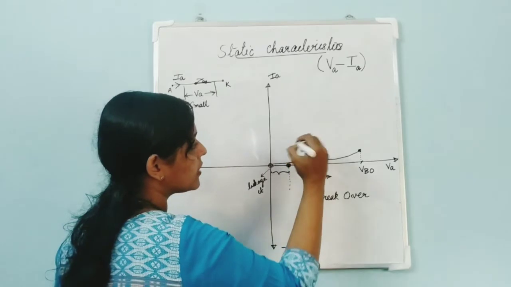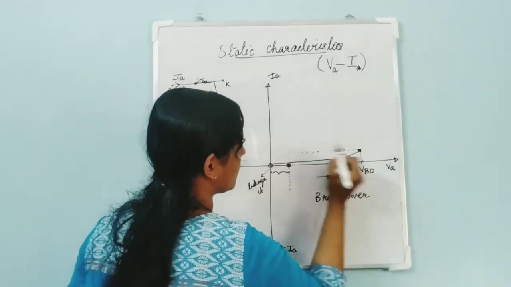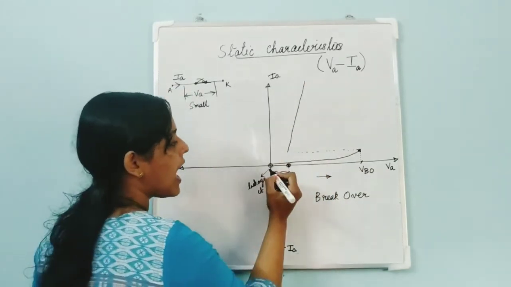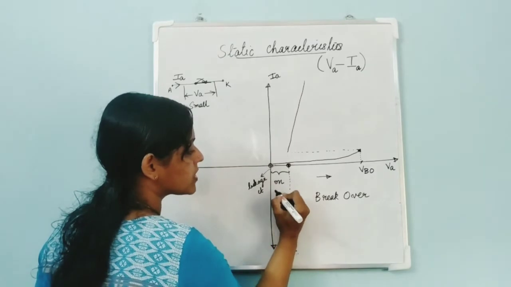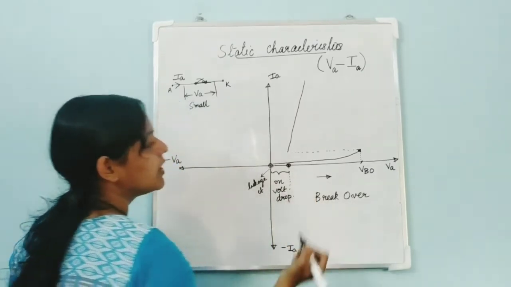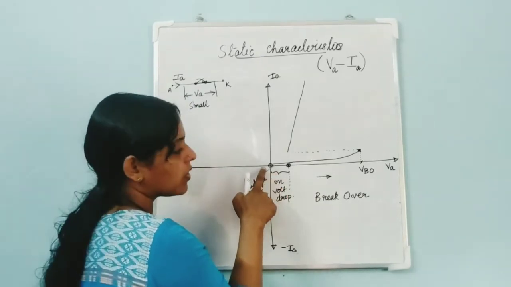So this was your current, right? And from here onwards, the current starts increasing like this. Okay? And this voltage is called on stage voltage drop. So, here when the voltage was 0, current was 0.